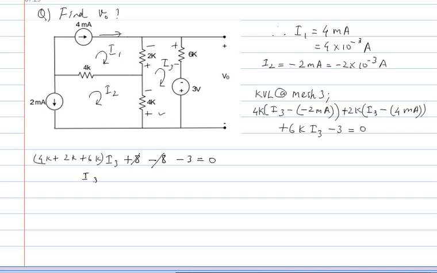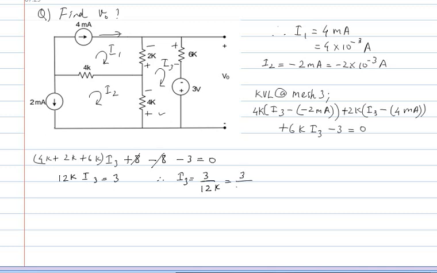So I will get I3, which is 4K plus 2K plus 6K, basically 12K. So 12K I3 is equal to 3. I have taken minus 3 to the other side, which becomes plus 3. Therefore I3 will be equal to 3 by 12K. Now 12K is basically 12 into 10 raised to power 3.